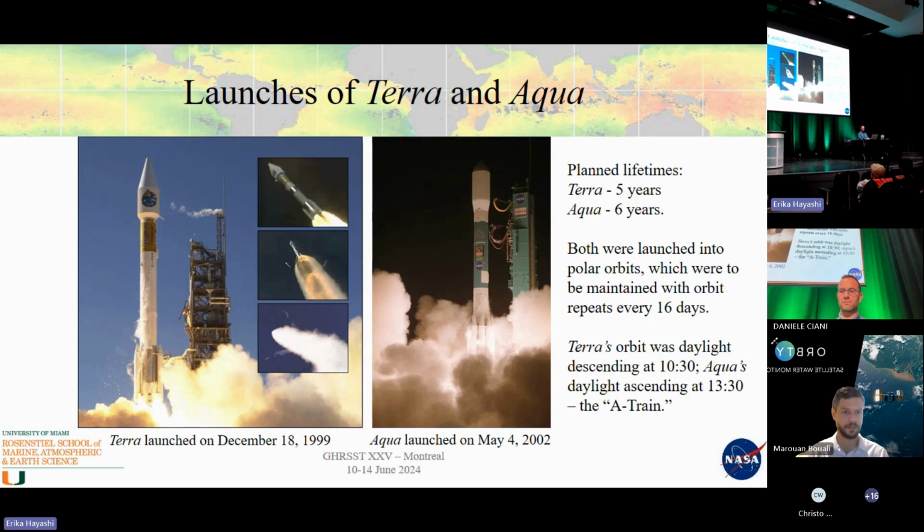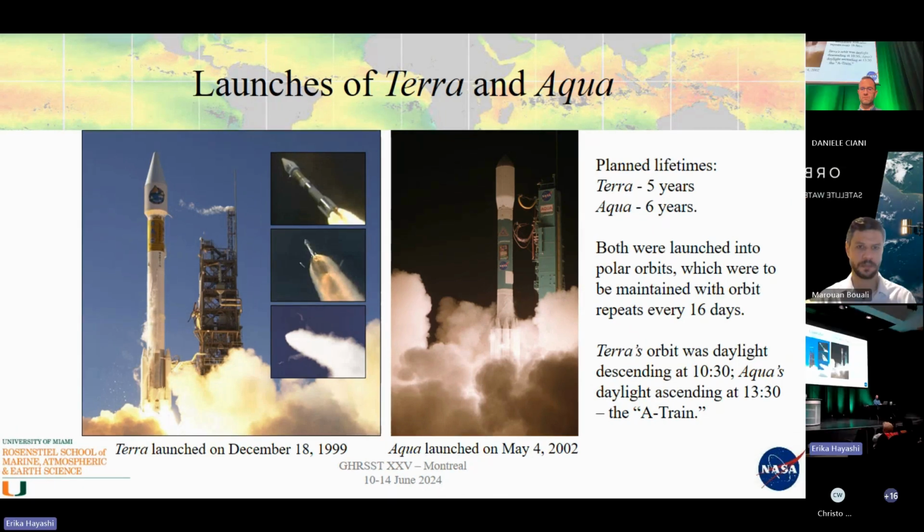Terra was put into a 10:30 morning orbit. There was belief at that time over the oceans that it was a cloud minimum. Turned out it's not really very much of a minimum. And Aqua was put into the 13:30 afternoon orbit and became one of a number of satellites that constituted the A-Train.